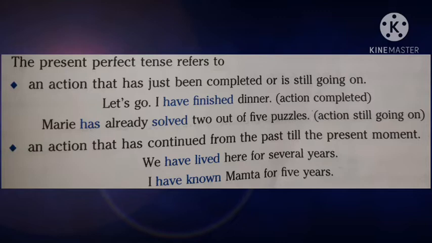Here the action is not completed. We use present perfect tense to refer to an action that has continued from the past till the present moment. Example, we have lived here for several years. I have known Mamta for 5 years.